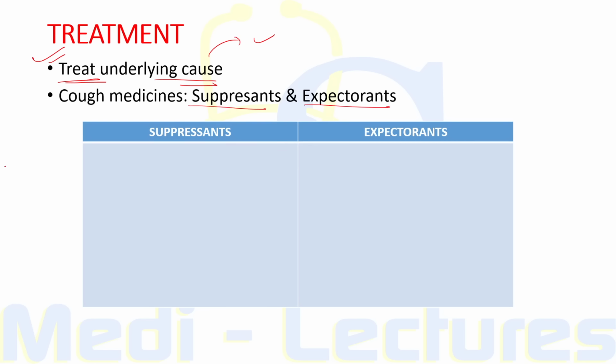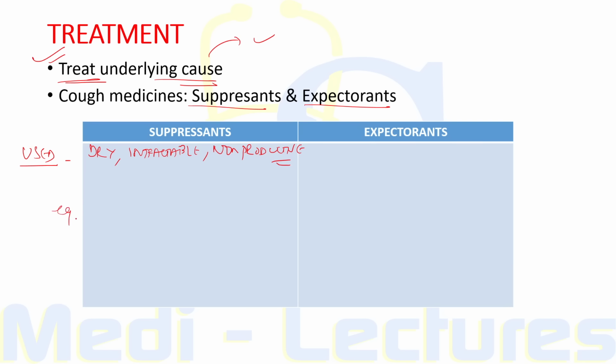So cough suppressants are used for dry, intractable, non-productive cough. There is no sputum production. The cough is intractable and is bothersome for the patient. In this case, we will use suppressants.